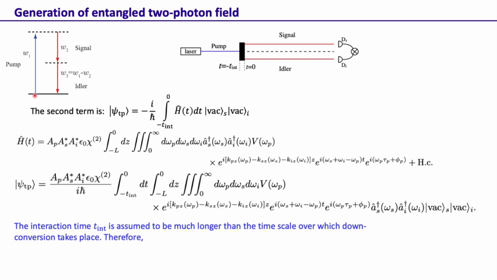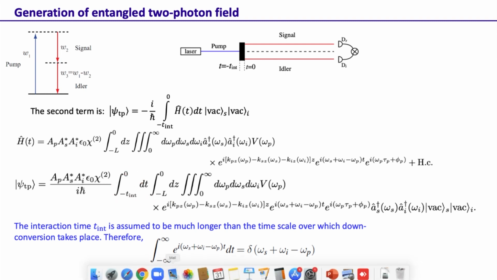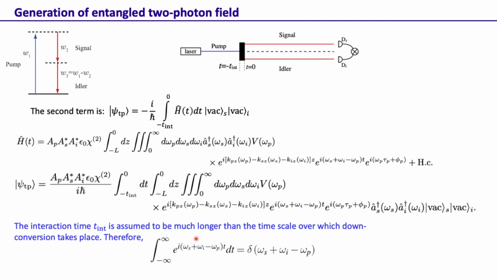This is because when the nonlinear medium absorbs this pump photon, it doesn't go to a real state, it is just a virtual metastable state. And the time scale over which the absorption and then the subsequent 2 emissions happen is much smaller than the time it takes for the light to travel through the crystal. So this interaction time can be assumed to be much longer, and as a result the limits of this time integral we can put to minus infinity and infinity.